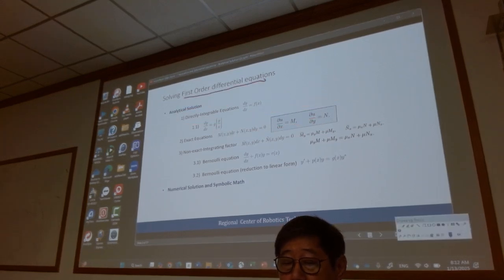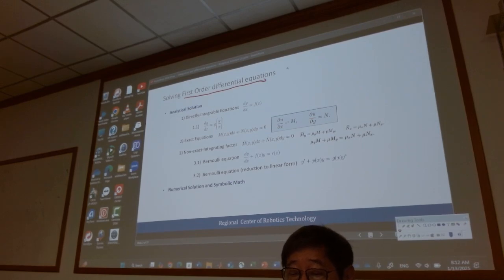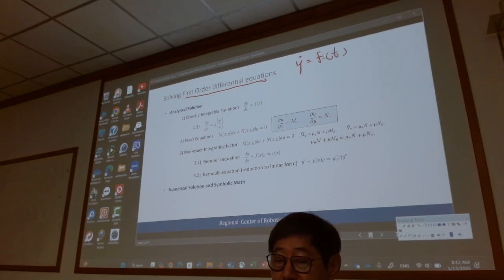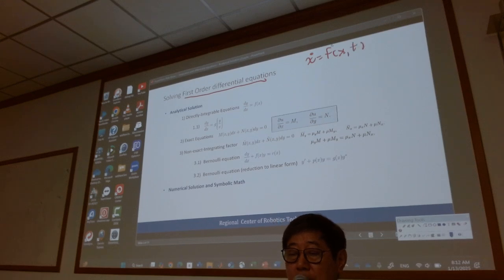Last time we talked about y dot and something. Let's say you have f of y, t. Last time we had this one, x dot is a function of x, t.